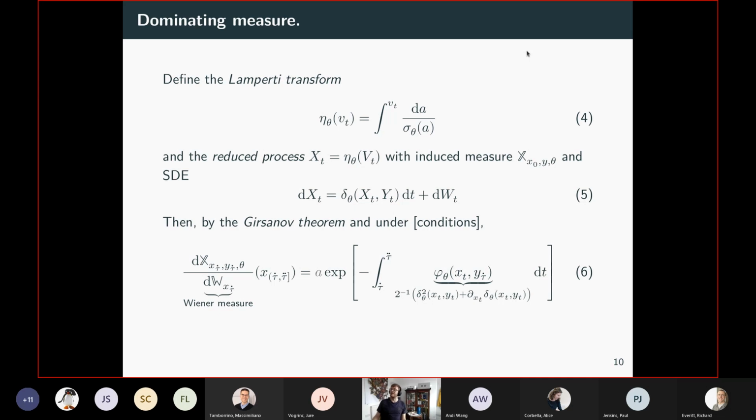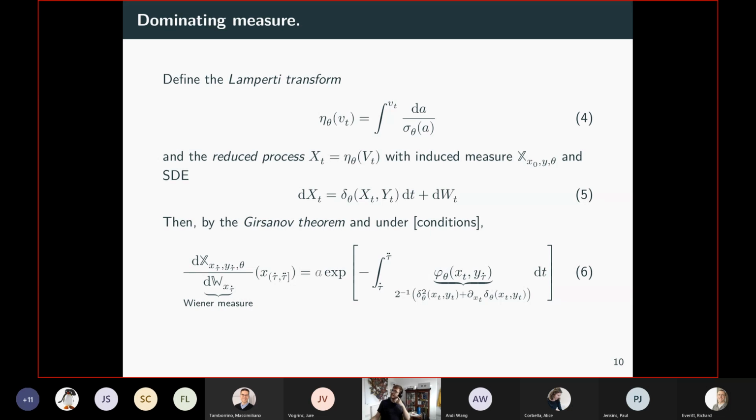Now, back to the idea of transforming V to a process with a tractable dominating measure. What we're going to do is to transform it such that the process X has constant instantaneous volatility 1, where we define the Lamperti transform as an equation for the antiderivative of the inverse instantaneous volatility, and then the reduced process X is what you obtain if you put V through that transformation.